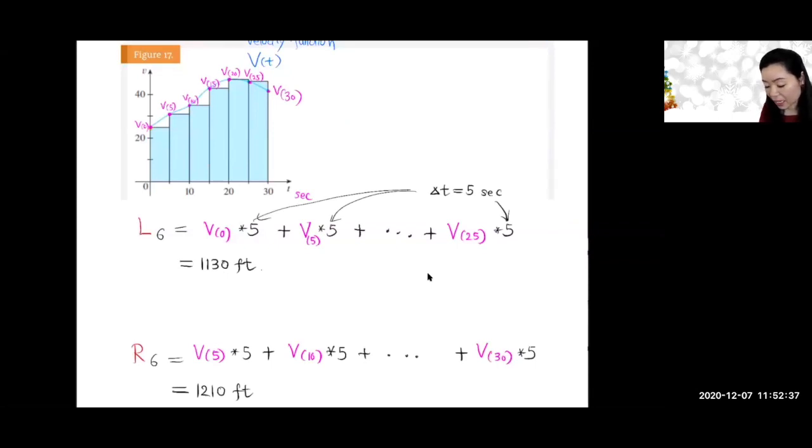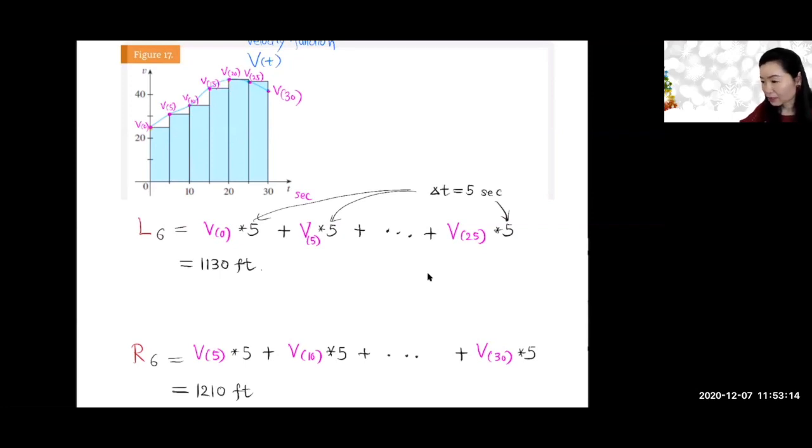Now, when you make the time interval even smaller and smaller, then the sum of those rectangles will be closer and closer to the area under the curve, and closer and closer to the exact distance that the car traveled. So you see that the area under the curve actually corresponds to the distance that the car traveled.